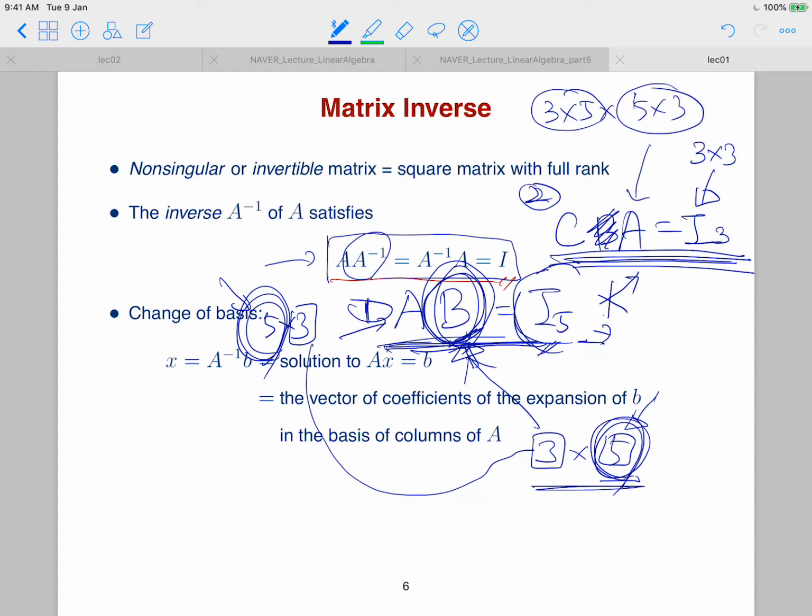I mentioned that for some matrix A, we still consider the matrix size of 5 by 3, neither equation may be satisfied at all, but sometimes at least one of them can be satisfied. So which one has the possibility of being satisfied? The first one or the second one?